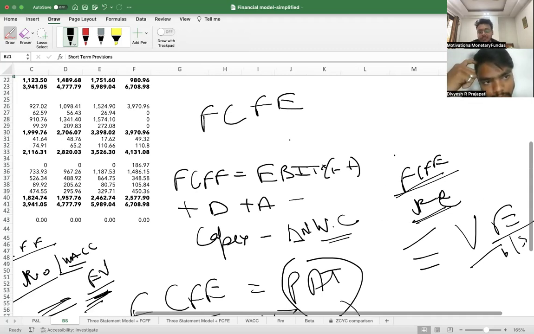For what type of companies do we use FCFE? For what do we use FCFF? For the majority of companies we use FCFF, free cash flow to firm. For banking companies, we use FCFE, free cash flow to equity. Why do we use that? Again, I'll restate the reason. For many companies, apart from the BFSI space or the banking space, debt is not mandatory.